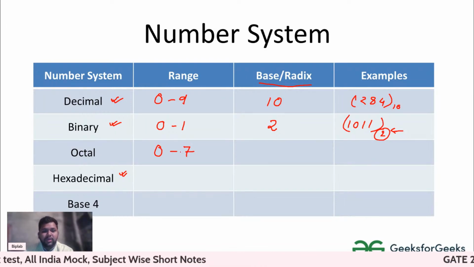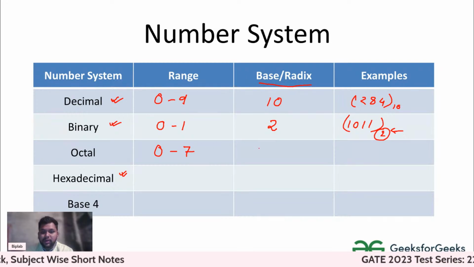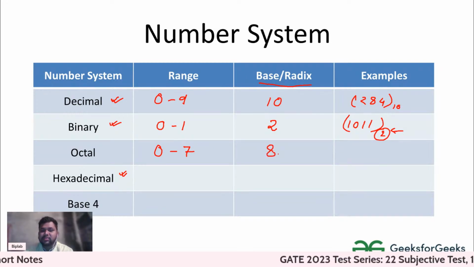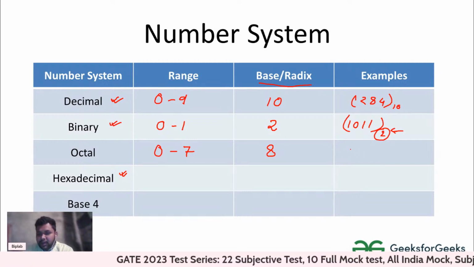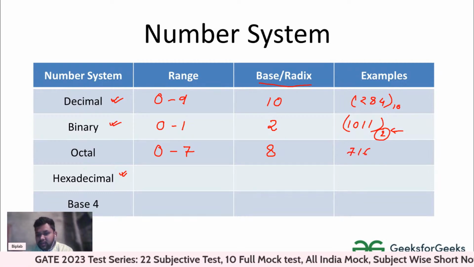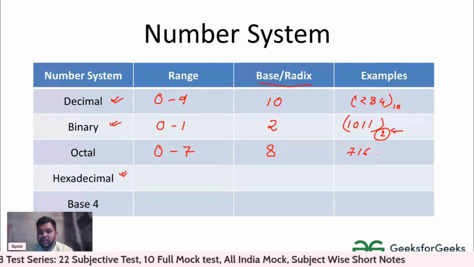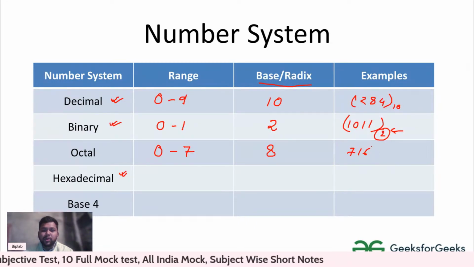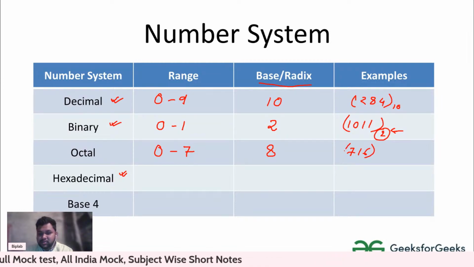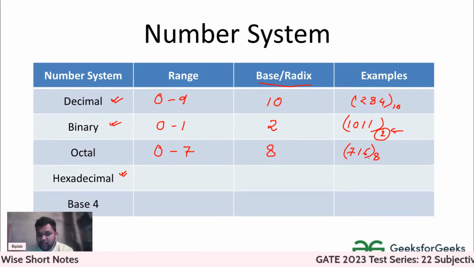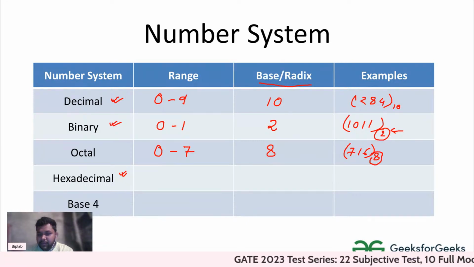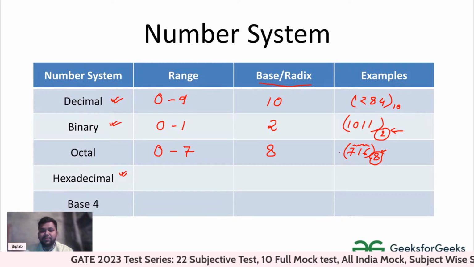There are only 8 digits in octal, so the base is 8. You can write any number like 716, but you cannot include 8, because 8 is not in the digits. So this is base 8. One property you can see is that the base is greater than all of the digits present.